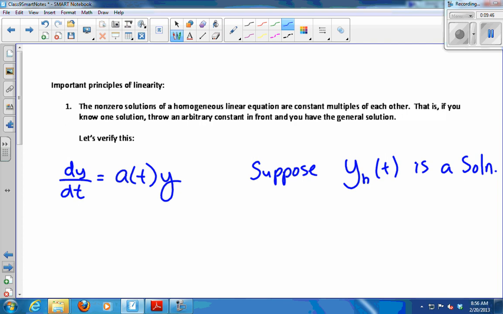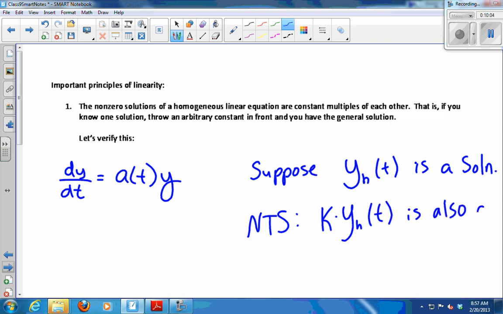I need to show that k times this solution is also a solution. Okay, so that's what the principle says: if you have a solution, the other solutions are multiples of it.